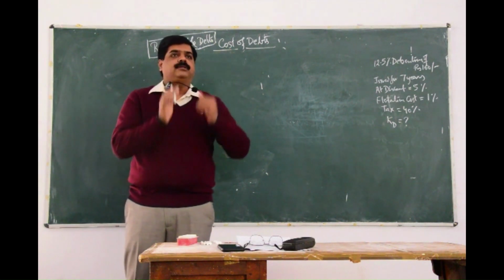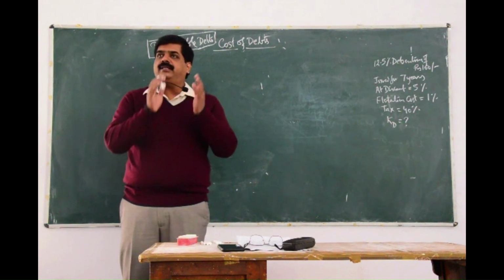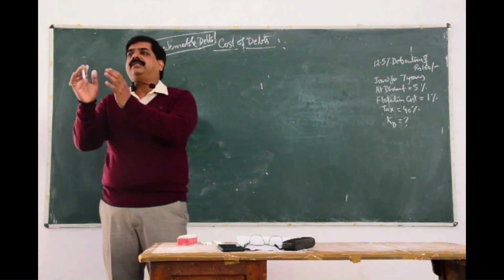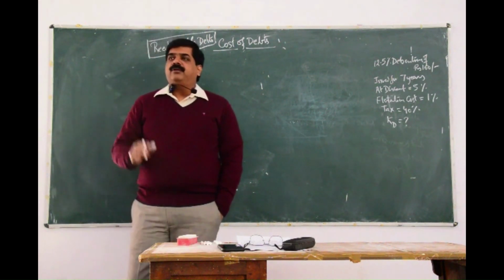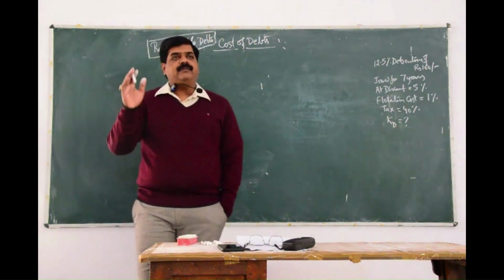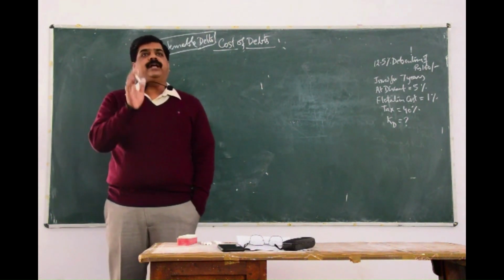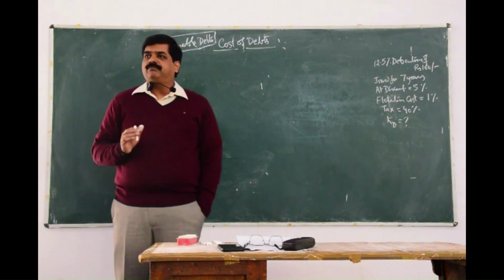We sum up the present value of the interest amounts, and then we try to equate that with the issue price. What I am trying to say is, we keep the issue price on the left hand side, and then we equate it with the present value of future cash flows.